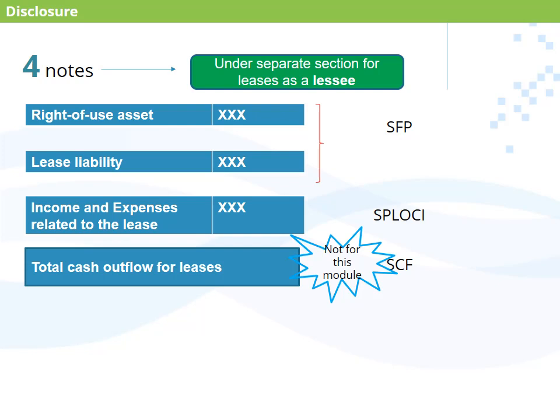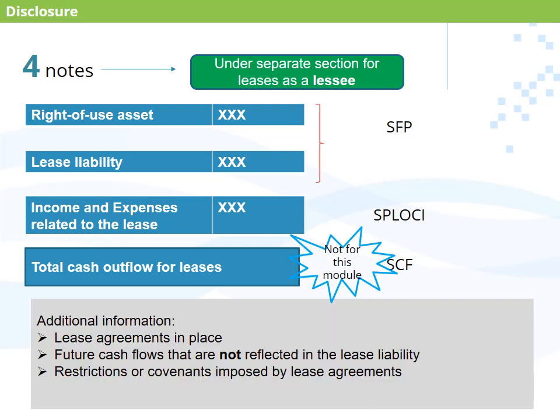So IFRS 16 requires other qualitative disclosures, such as what lease agreements the entity has in place for the year or what did it enter into, any cash flows that are probably payable in future but are not included in the lease liability, so those that are based on judgment, and any covenants or restrictions that have been imposed by the lease agreement.